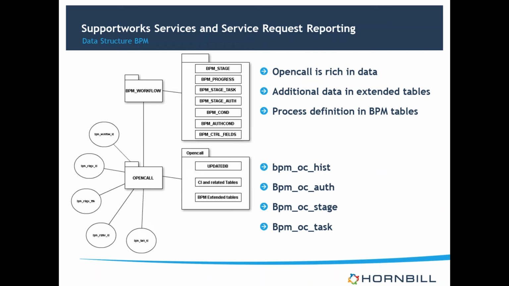And the bottom section you have with the open call table with the circular objects indicating that, again, if it's transactional and workflow related information that you need, you don't actually need to relate the BPM tables because it's all held within open call. So those circular objects are supposed to show that actually the workflow ID is already in the open call table, the stage ID is already there, the stage title is already there, as well as the stage status and the tasks.